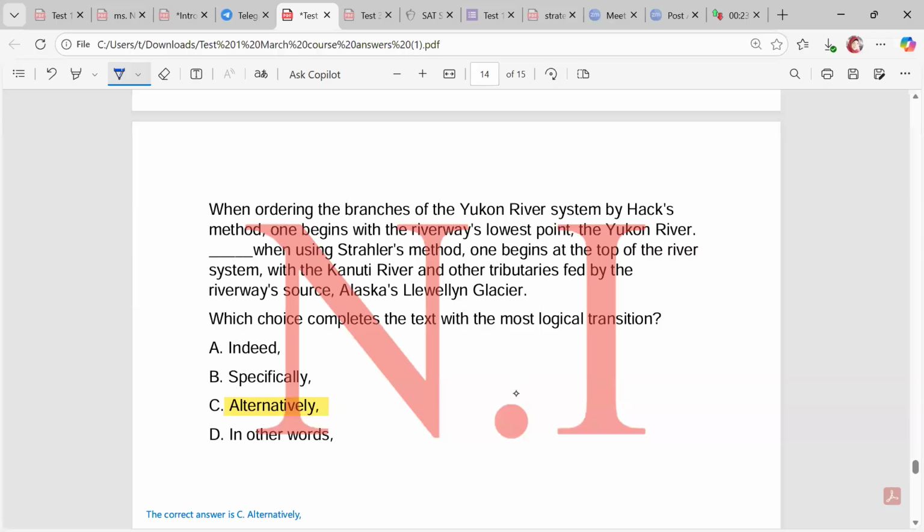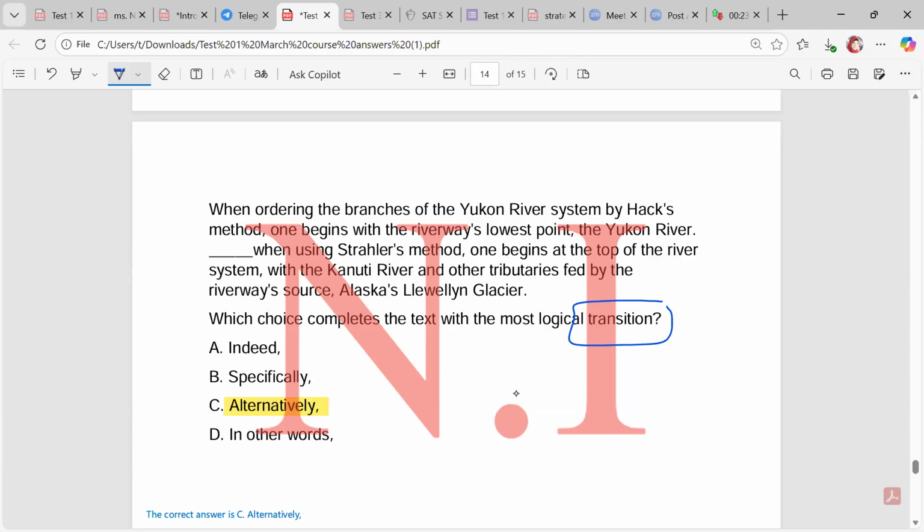And this one is a transition question. One main thing you must master to handle transition questions is that you must memorize the transition words, or at least the most frequently tested ones in the SAT.